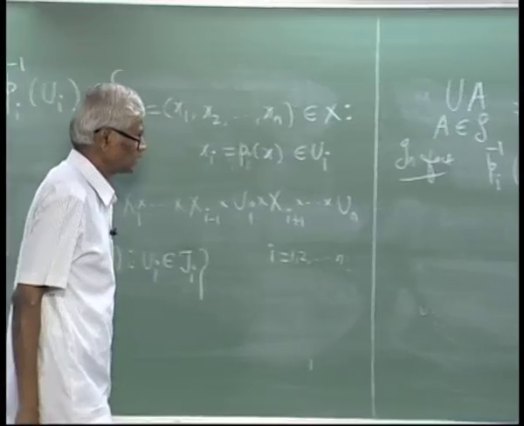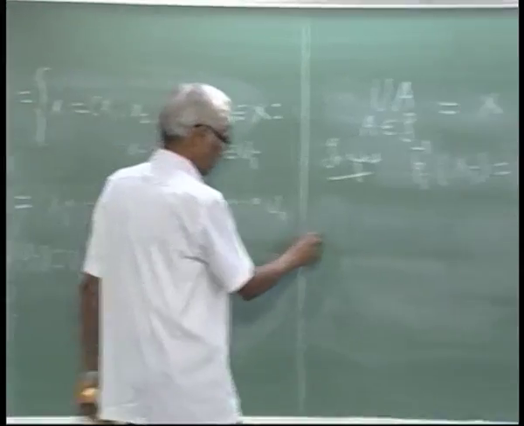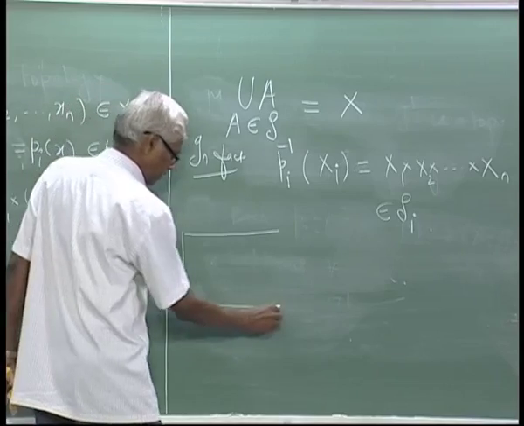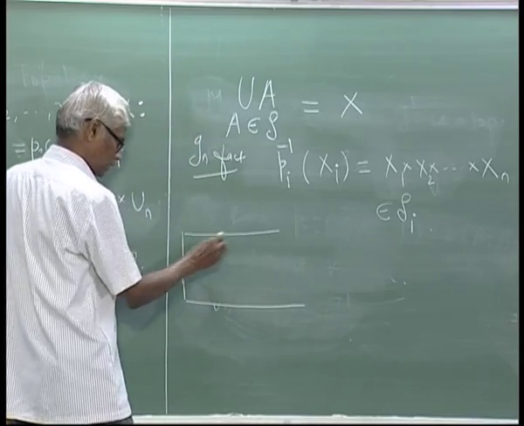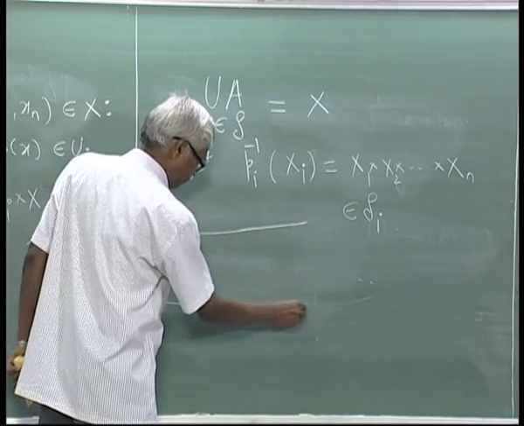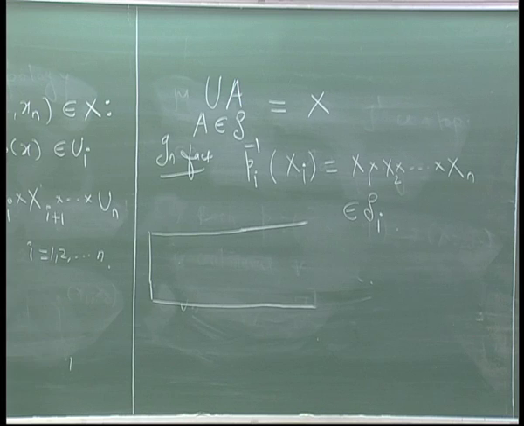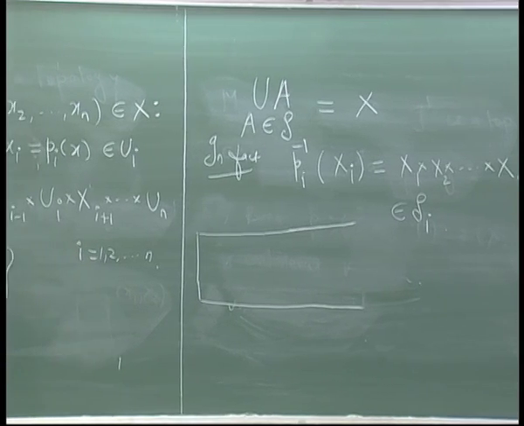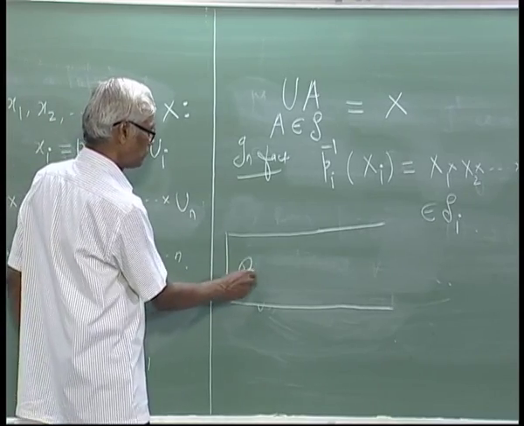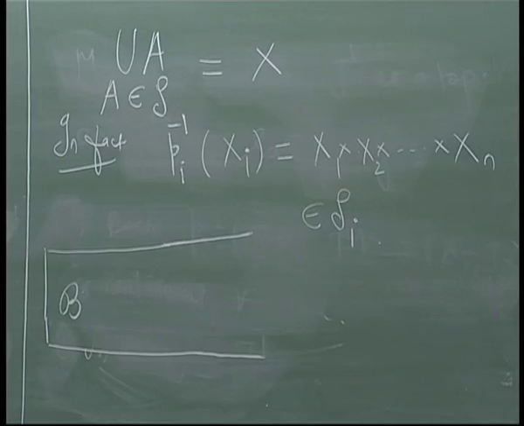So in fact we will define, you are given a topological space (X, tau). From a subcollection, we have seen how to generate a topology from a subcollection.